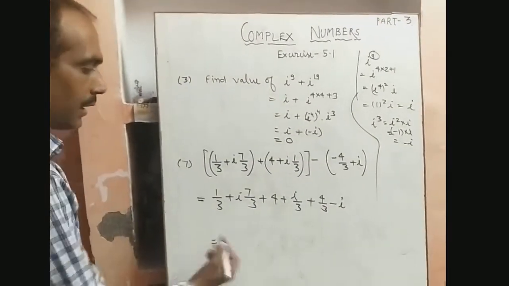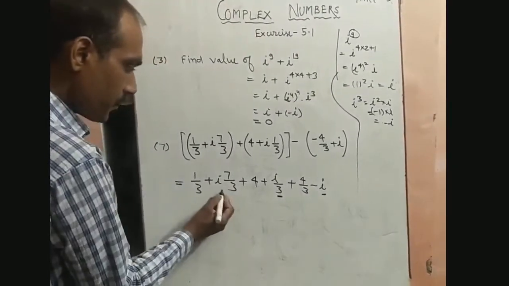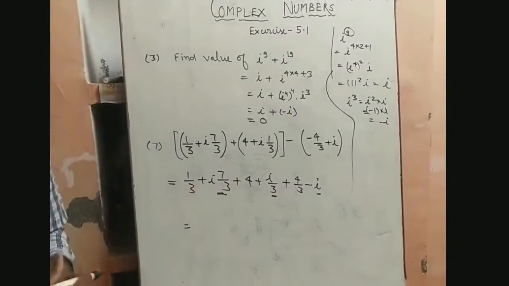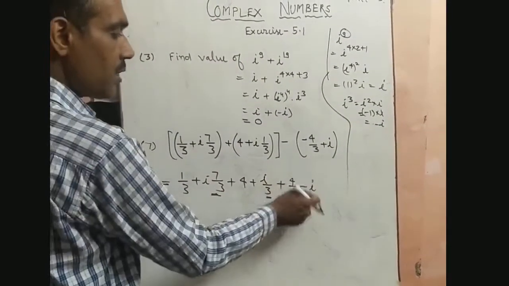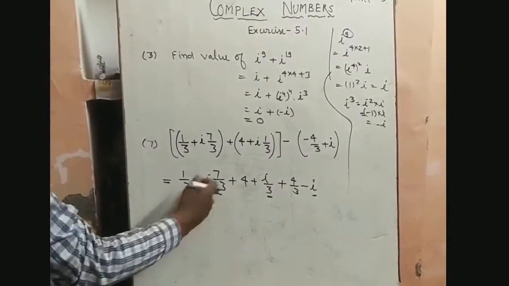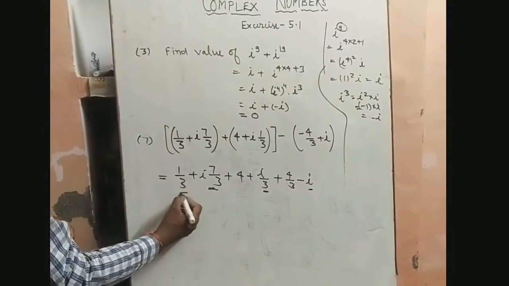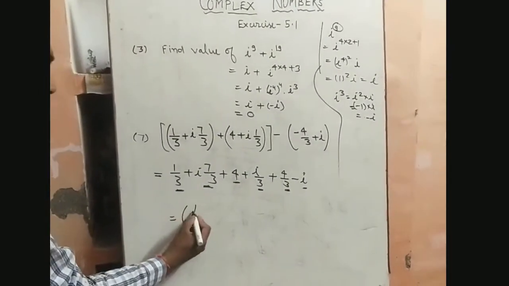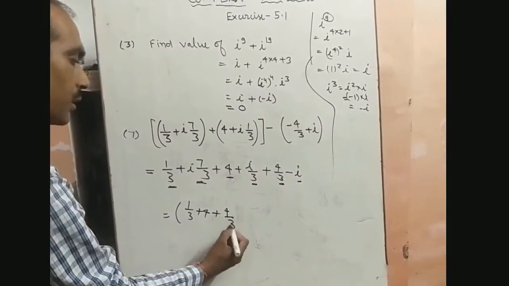Then where is i? In these three parts there is i, so these are imaginary parts, and we add these three parts. And where are the real parts? These are the real parts, so we add them. Then 1 by 3 plus 4 plus 4 by 3.